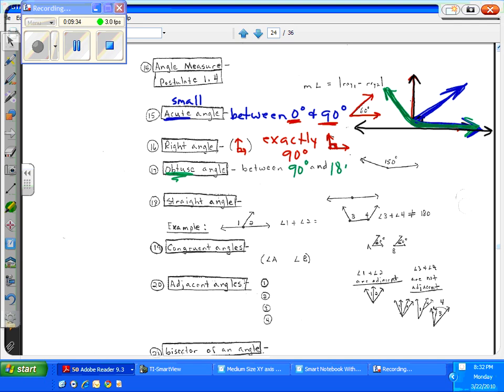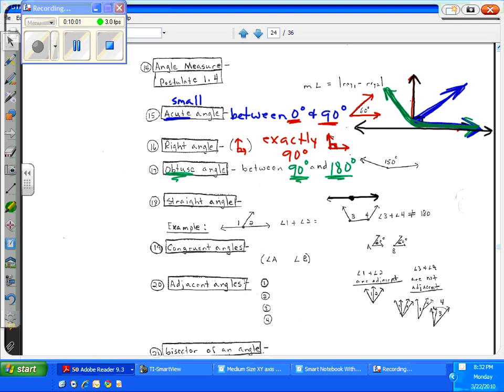So an obtuse angle is going to be somewhere between 90 degrees and 180 degrees. And remember that when we say between this and that, it does not include those two items. So an obtuse angle is an angle whose measure is between 90 and 180, which again does not include 90 and does not include 180. An example would be a 150 degree angle.